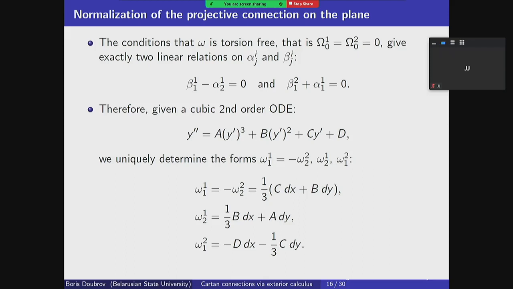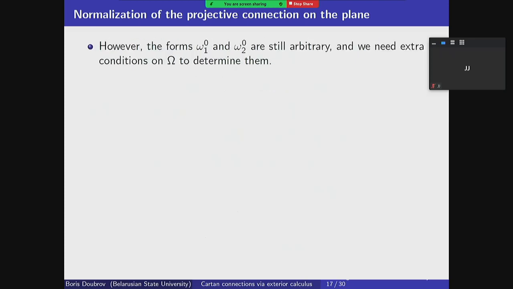So that was to find this. We just needed to solve 6 linear equations. Simple linear algebra. And we ensure that for any such equation, we determine these forms and get this part of our projective connection.